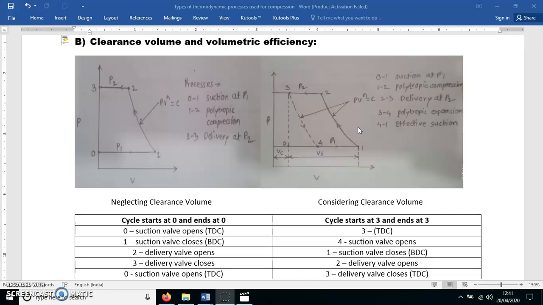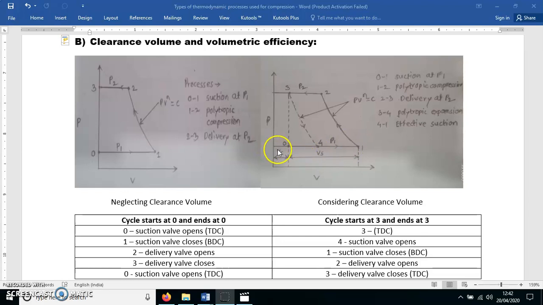Therefore, clearance volume is necessary. So, in all, clearance volume is required in a compressor in order to allow the opening of the inlet valve and avoid the possible striking of the piston to the inlet valve.